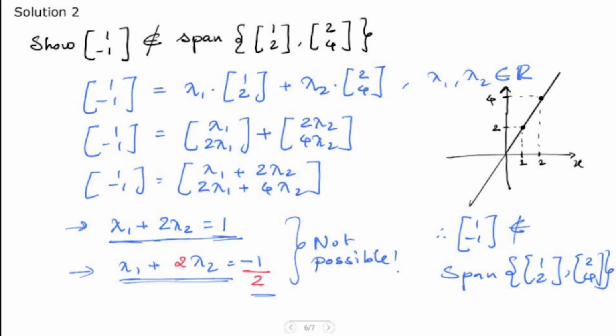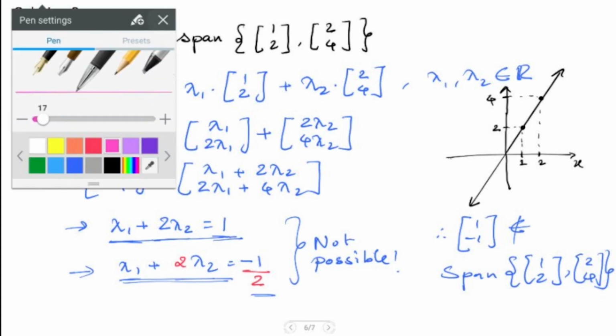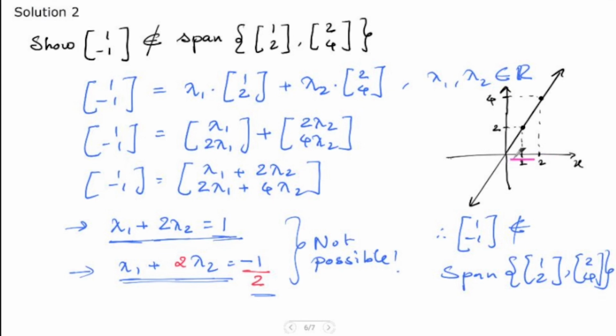So they are actually spanning the same line, and (1, -1), the vector that we have here, which is here, is out of that line, right?